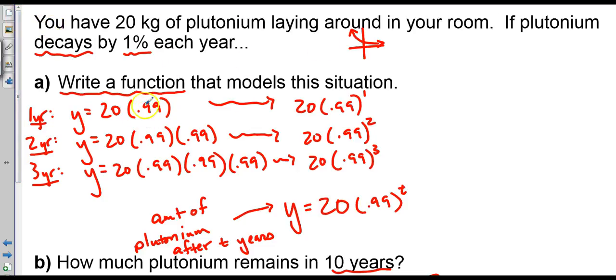So remember, this is your rate. Whatever is being raised to the power is going to be your rate of growth or your rate of decay. This is going to be the initial amount of whatever you have. And your function y, or f of x, or whatever you label that, is going to be the amount remaining after a particular amount of years in this particular case.